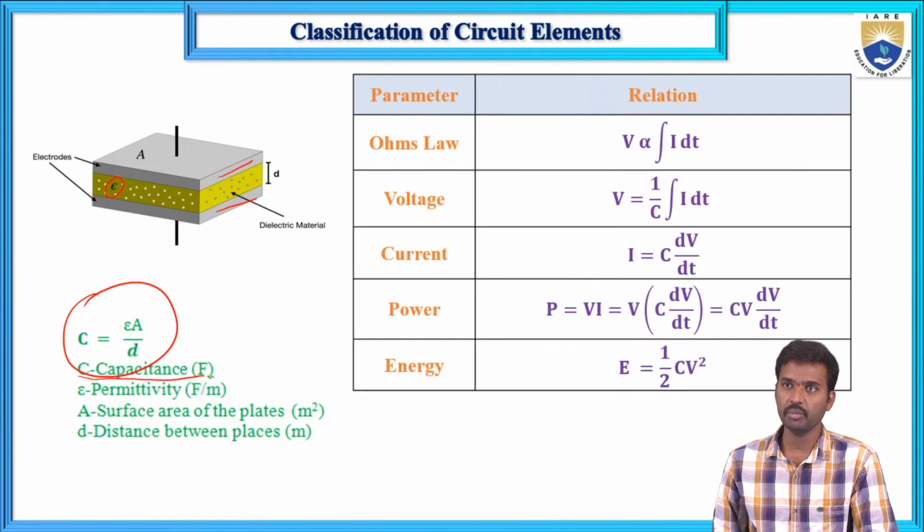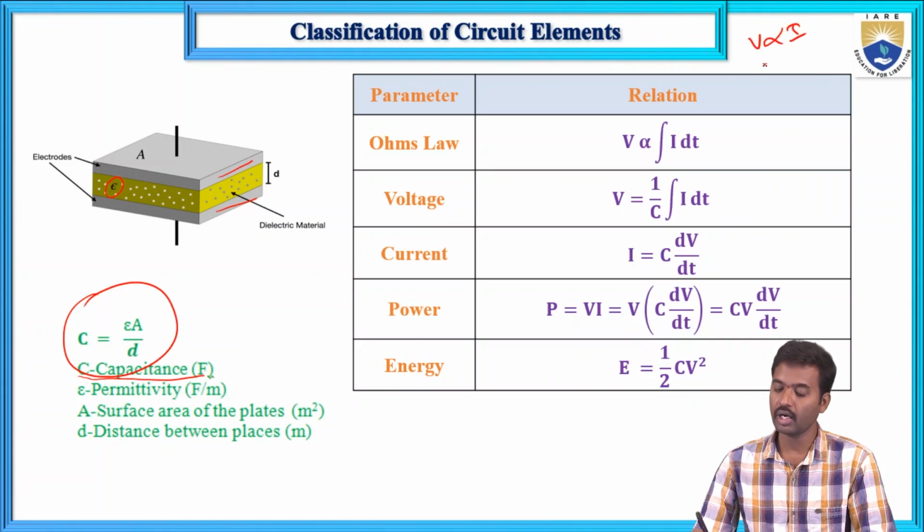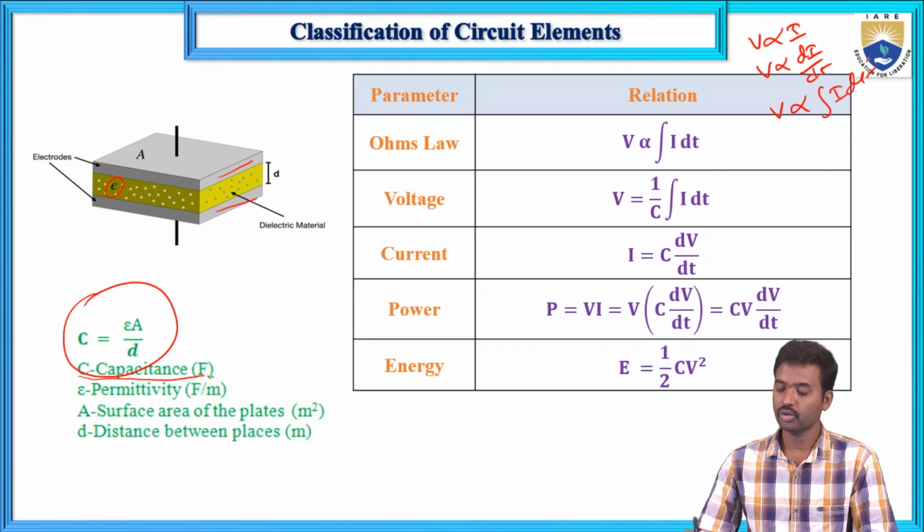Same thing here as for the resistor and inductor, parameters and relation for the capacitor. Ohm's law: for a resistor V is directly proportional to I, for an inductor V is directly proportional to di by dt, and for a capacitor V is directly proportional to the integral of I dt. So this is direct proportion, derivative and integral.